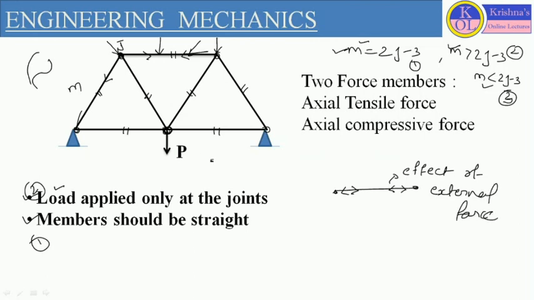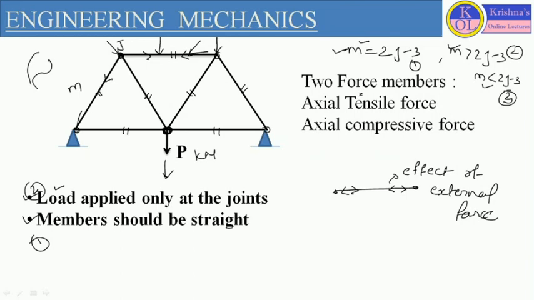If we consider one load at this particular point, this load P kilonewton at this point, P will act in the vertically downward direction. It will create some effect over the members which are joined together, and that effect we will consider in the form of tensile load or compressive load.